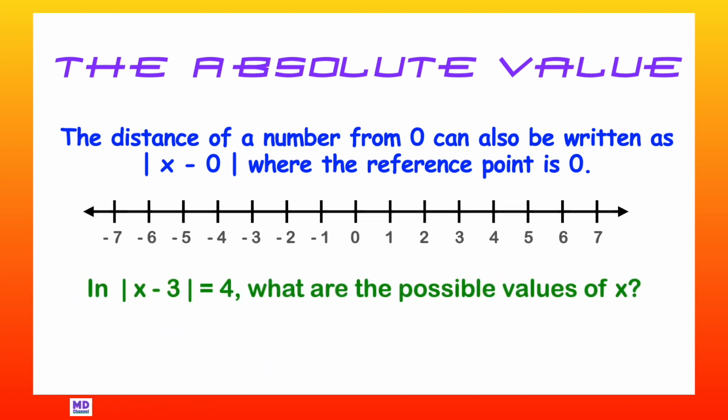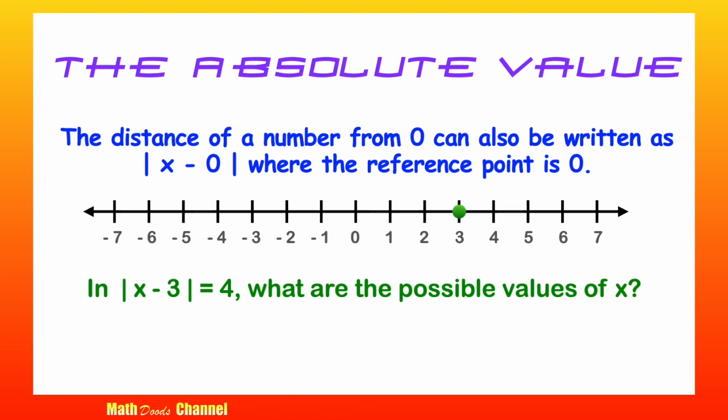In the absolute value of x minus 3 equals 4, what are the possible values of x? The reference point here is 3. So locate 3 on the number line. We locate the reference point on the number line, and the reference point here is 3.